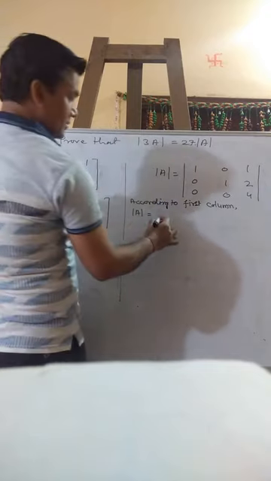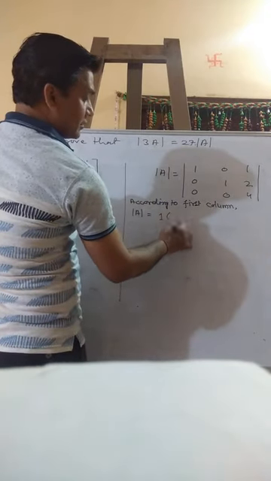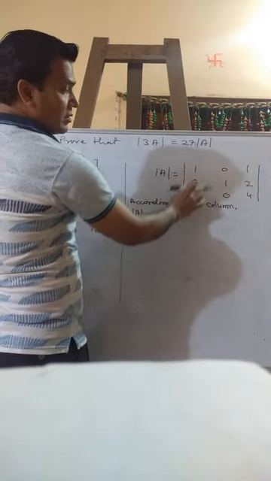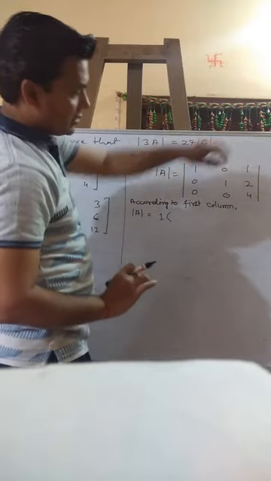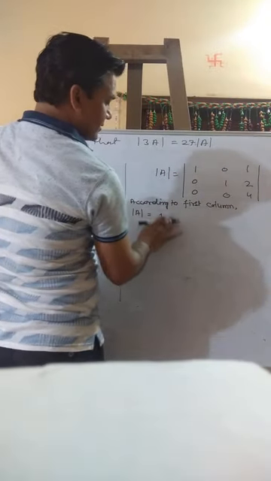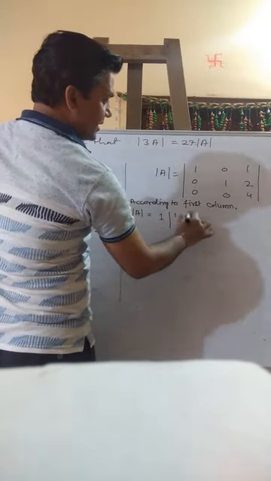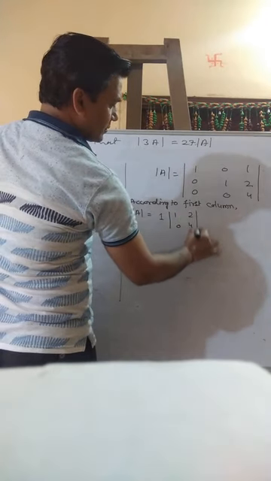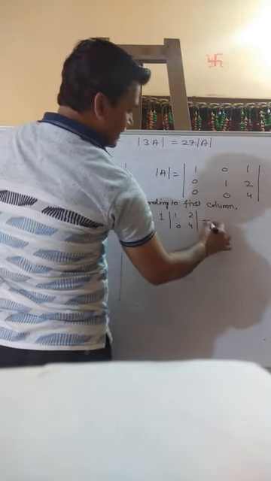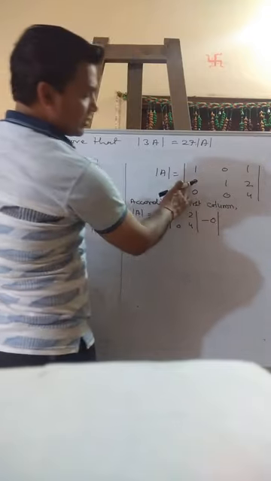Expand 1, first column and first row dropped it. The rest elements are these 1, 2, 0, 4. Now use minus sign here for this one.